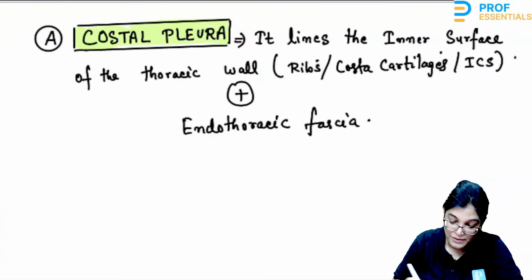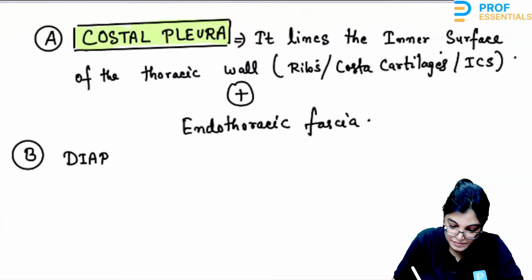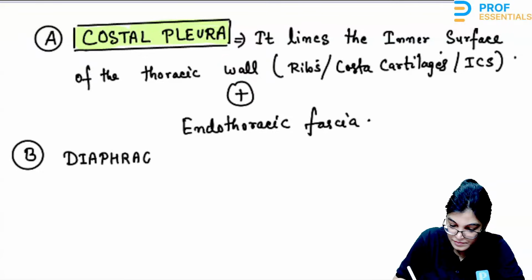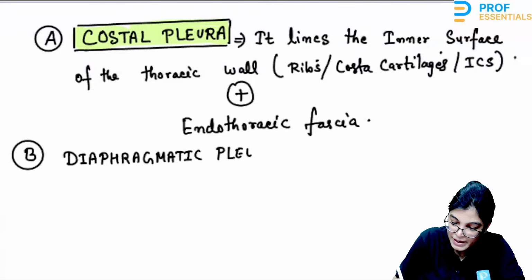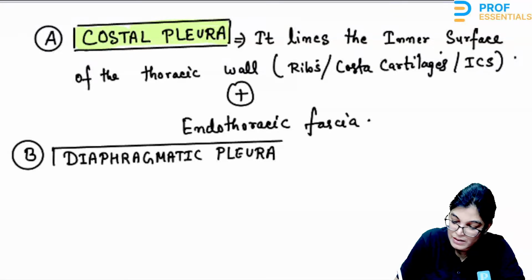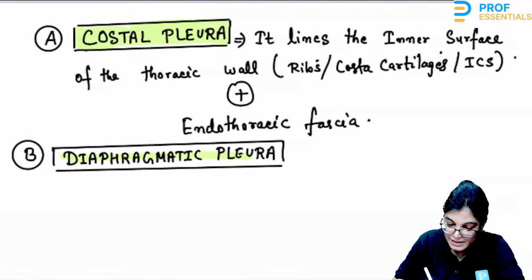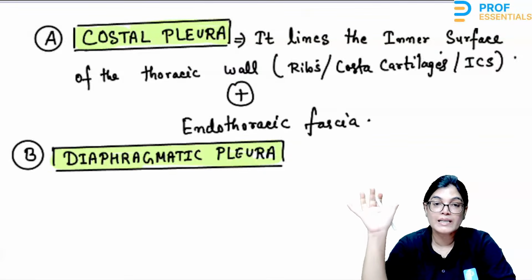Now coming to the diaphragmatic pleura. If the word is diaphragmatic, what do you mean? Diaphragm is lying in the lower inferior aspect, so that is clear by the name itself. When I am using the word diaphragmatic pleura, what does it mean? It covers the superior surface of the diaphragm.